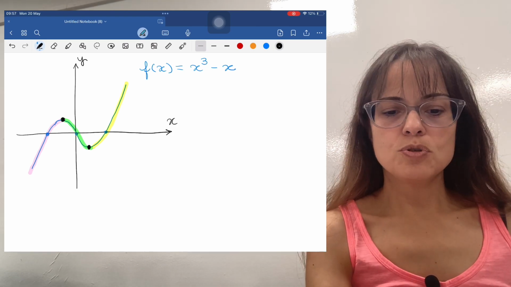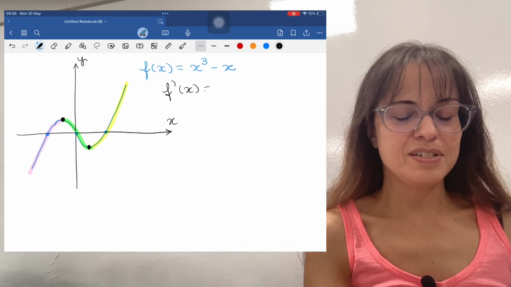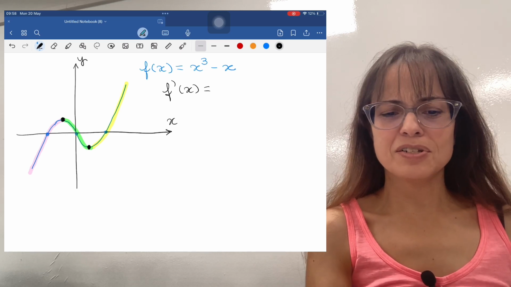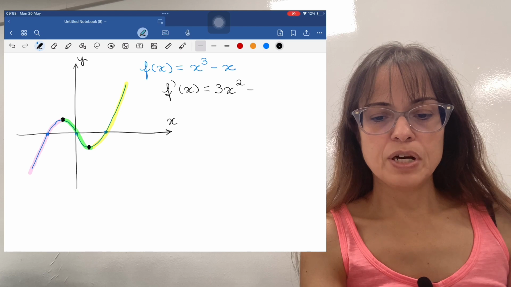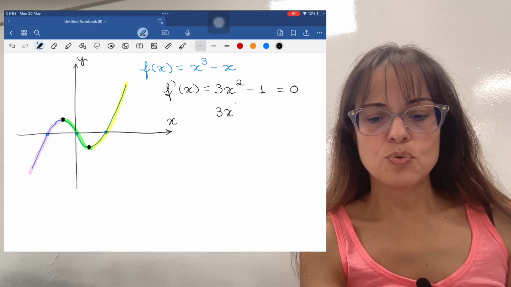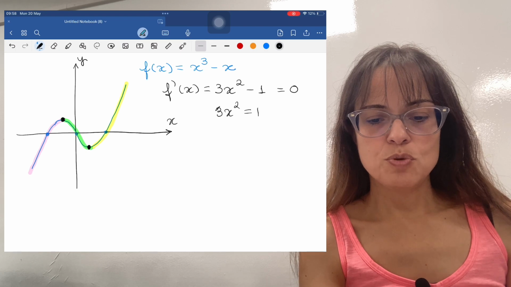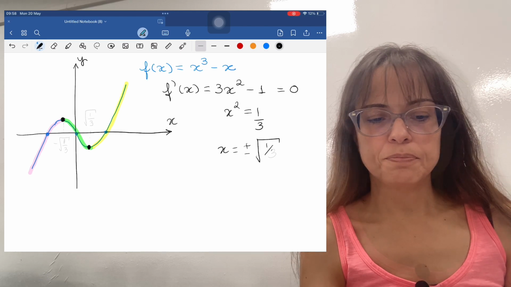Not sure that I need this right now for the purposes of this exercise, but finding these turning points is an easy calculus exercise. You just do the derivative, which is 3x squared minus 1, and then you set the derivative equal to 0. 3x squared equals 1, which means that x squared is a third, and x is plus or minus the square root of a third.